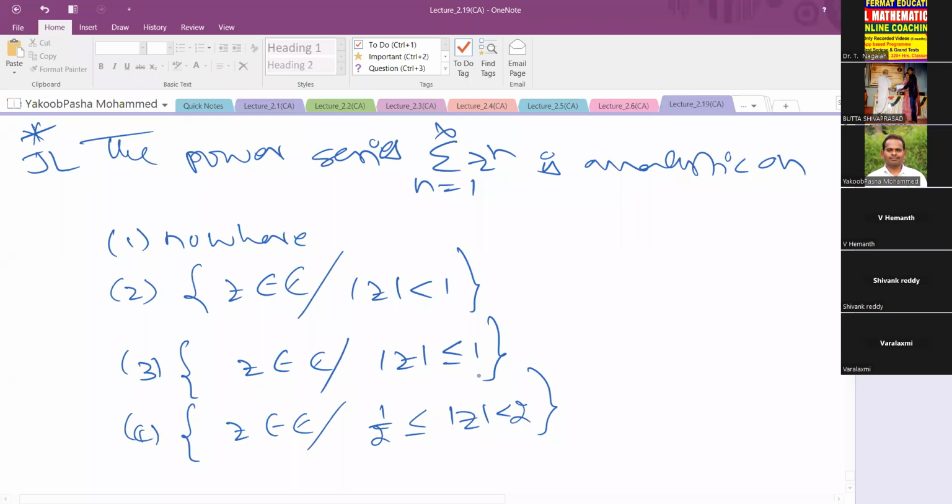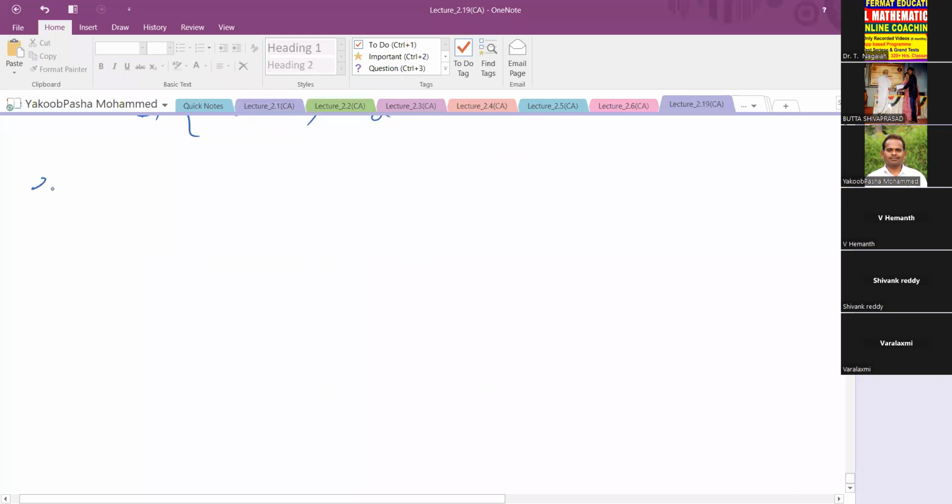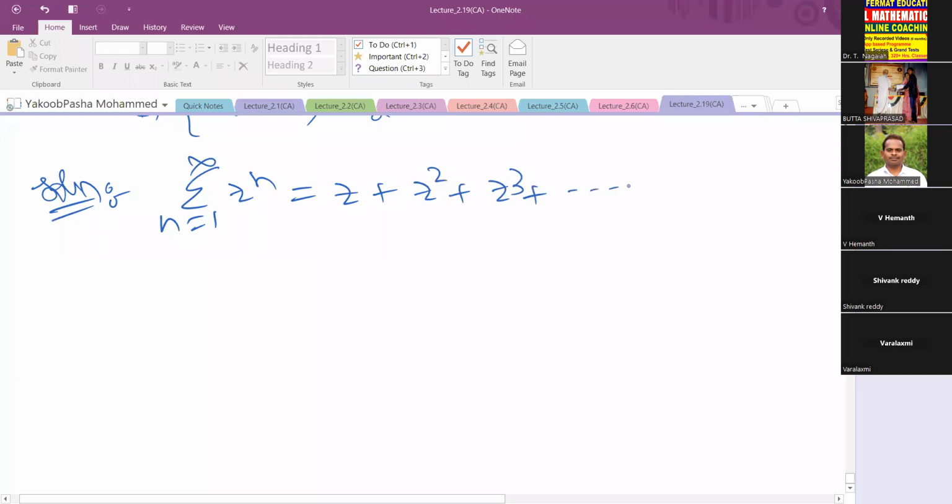Actually, first we have to expand the series. The series summation n is equal to 1 to infinity z power n can be written as z plus z square plus z cube plus and so on.